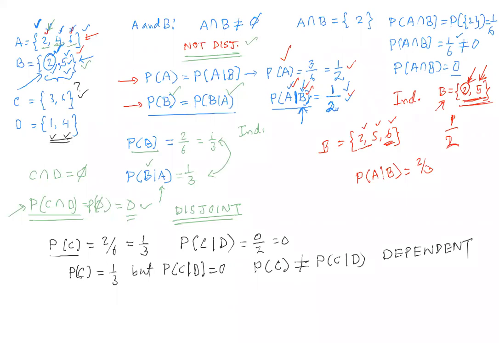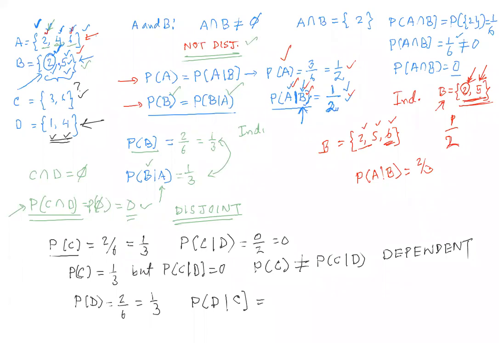Similarly, if you want to show it the other way around, probability of D, right? First find the probability of D, which is probability of 1 and 4, which is 2 out of 6, which is 1/3. Now, what is the probability of D given that C has already happened? In that case, what do we get? So 0.